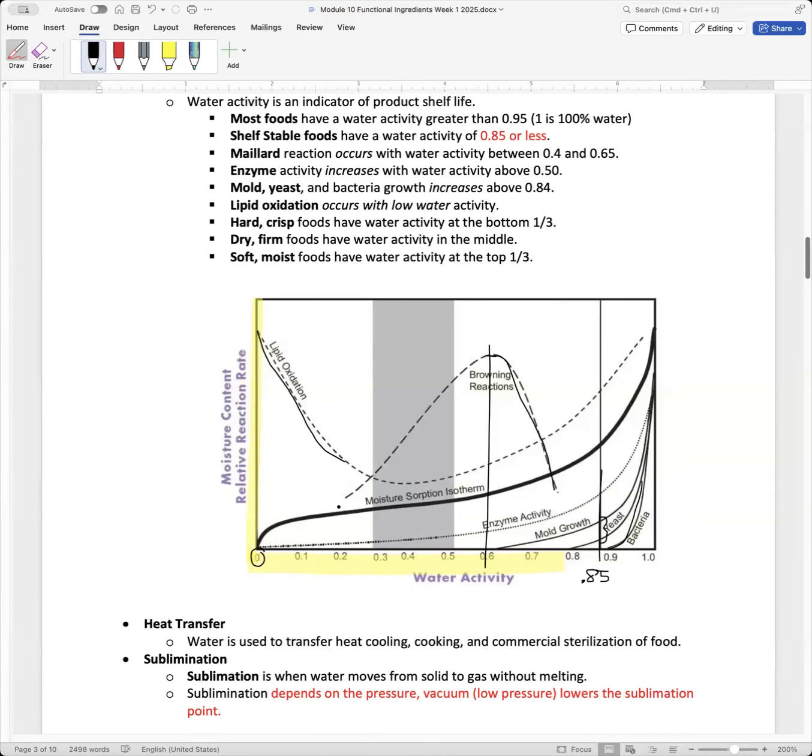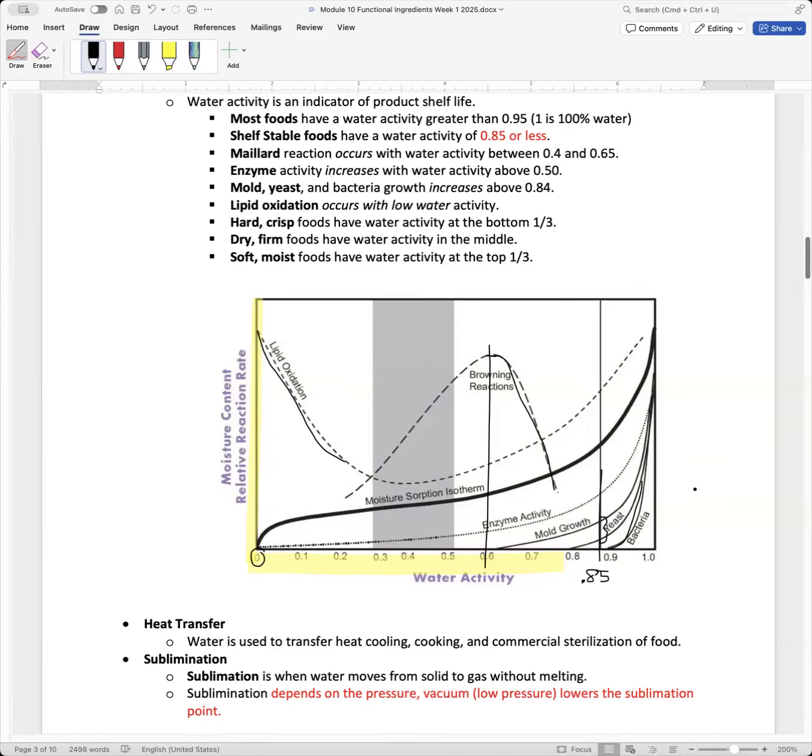Questions about this? This thing is called a moisture sorption isotherm. It explains the relationship between water activity and moisture content. Have you seen this thing before?